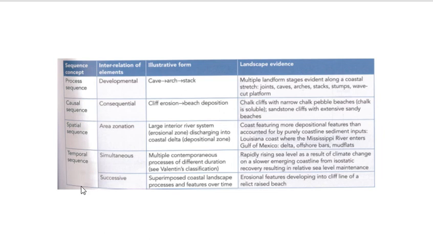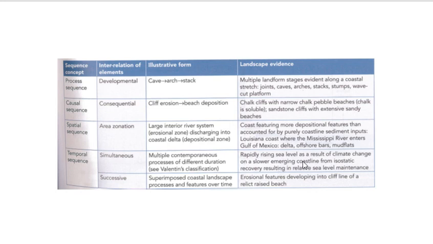And then we've got the final one, temporal sequence. So basically time. This is where you've got simultaneous things happening at one time. For example, you could talk about how multiple factors are influencing the coastline at the same time.